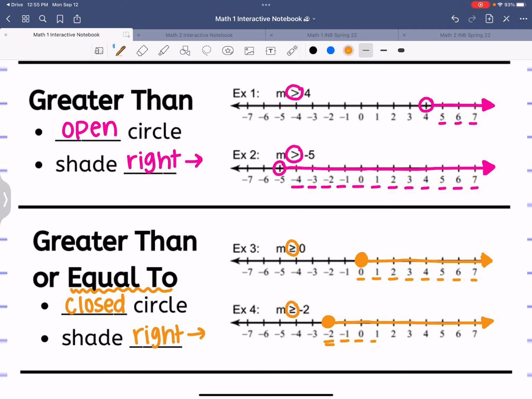So -1, 0, 1, 2, 3, and so on, everything to the right is greater than, and we have that closed circle on -2 to indicate that -2 is equal to -2.